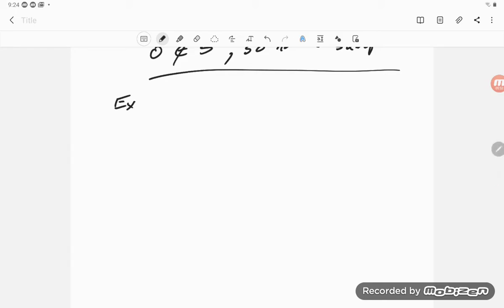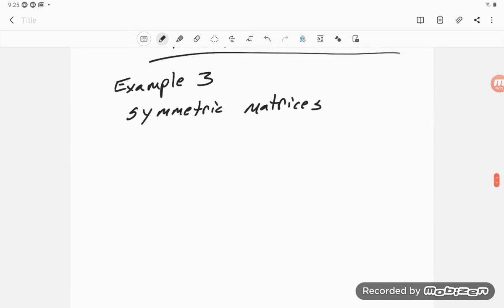Okay, example 3. Let's take symmetric matrices. So here I'm in the space of matrices, not Rn. Symmetric matrices, and of course that means that A equals A transpose.